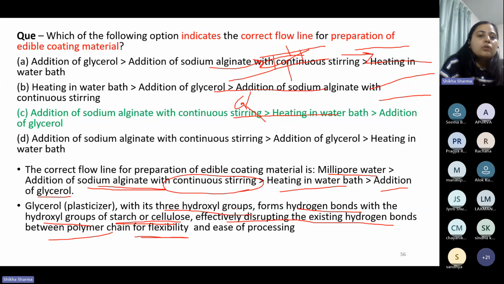So people started exploring those options. Sodium alginate is basically from algae, which is also considered plant based. And also pectin, which is also very much used.